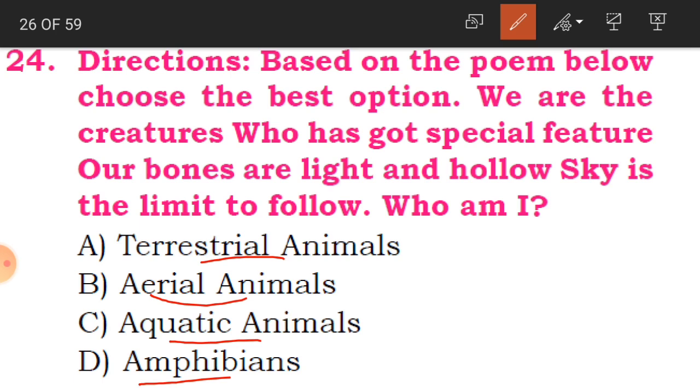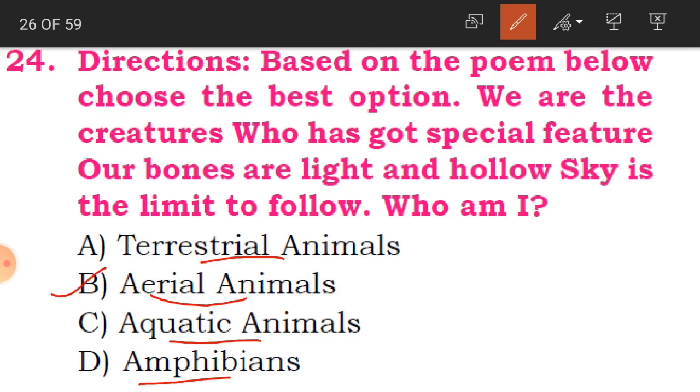Birds. Can they fly to the sky? Yes. Aquatic animals live in water. They can't fly to the sky. Amphibians live on wet land, like frogs and all that. Can they fly? No. So option B is the correct answer.